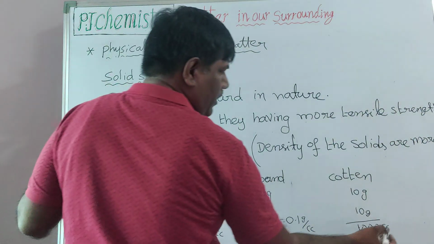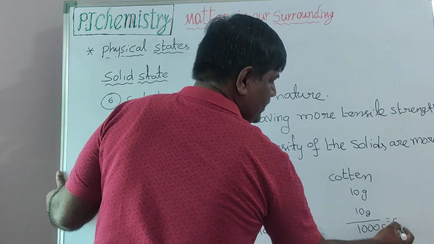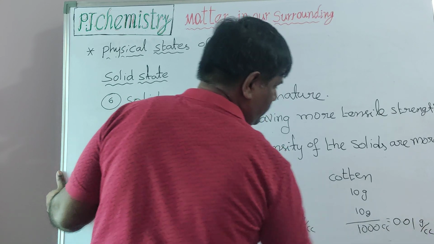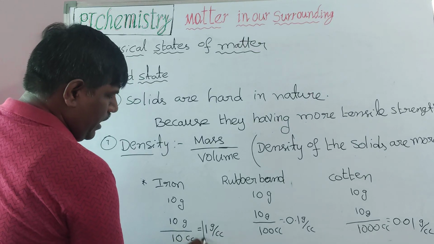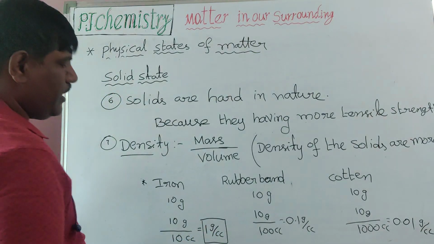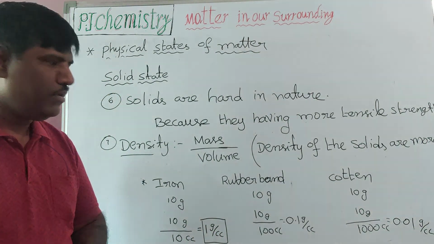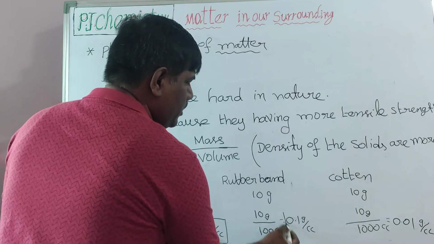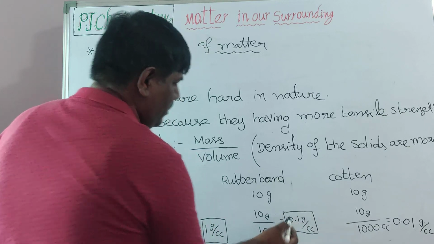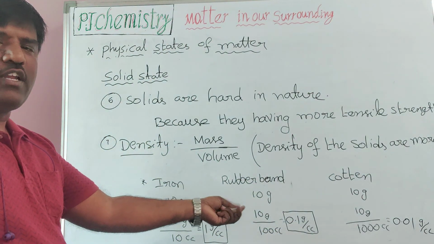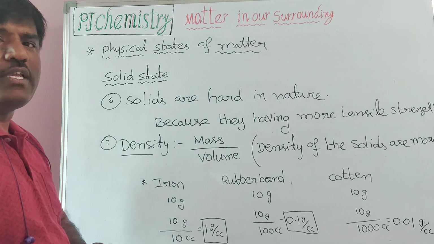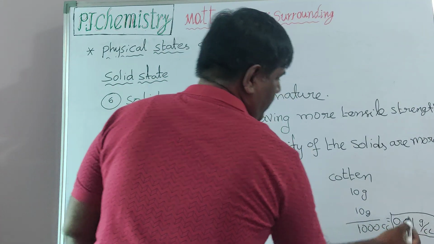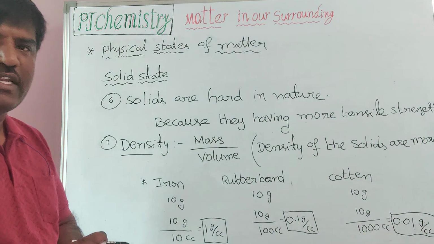So here its density is 0.01 gram per cc. Iron density is 1. Rubber band density is 0.1, decreased. Weight is the same 10 grams, but the volume is different. Cotton is 0.01, so the density has decreased further.